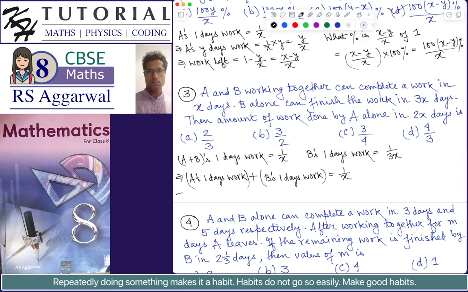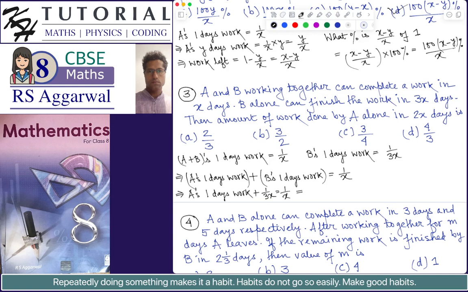Now, this implies, we know that B's 1 day's work is 1 by 3x. So, we can say A's 1 day's work plus 1 by 3x is equal to 1 by x.